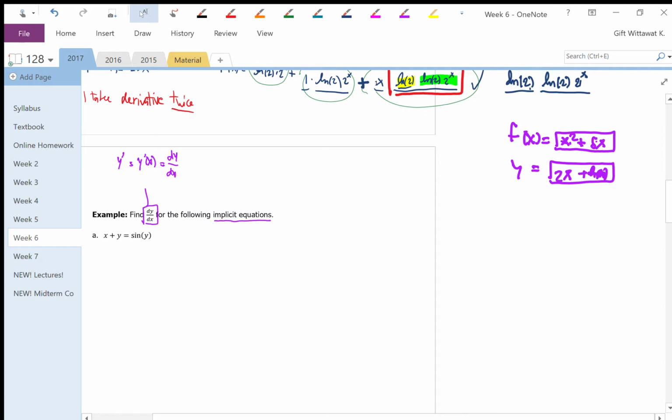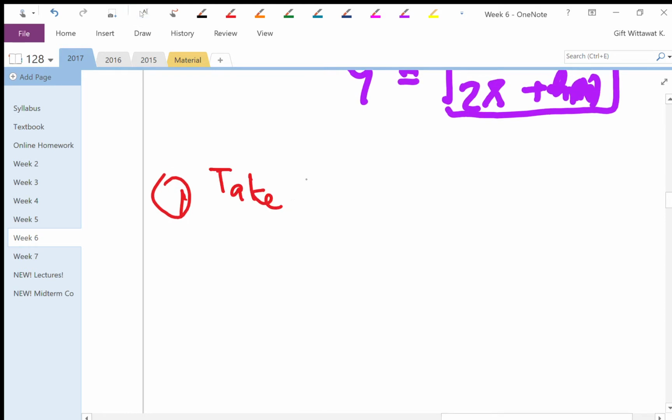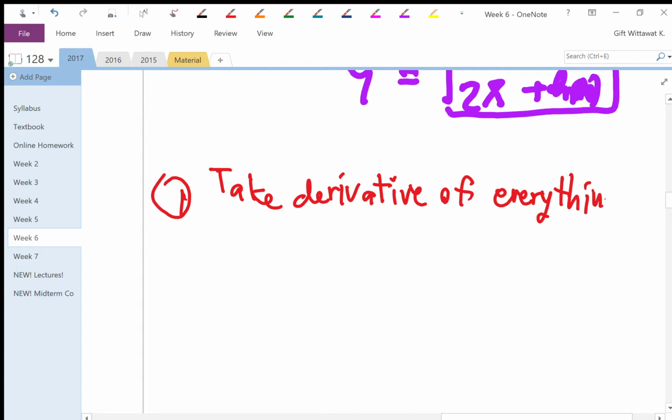There are 3 steps that you can do. The first one is that you take the derivative of everything with respect to x.